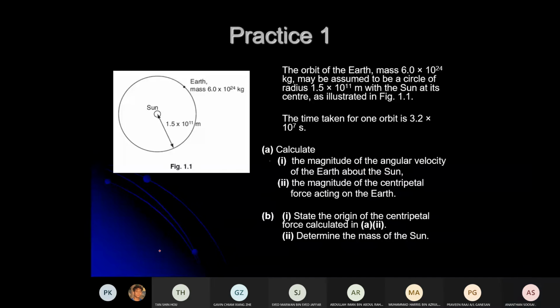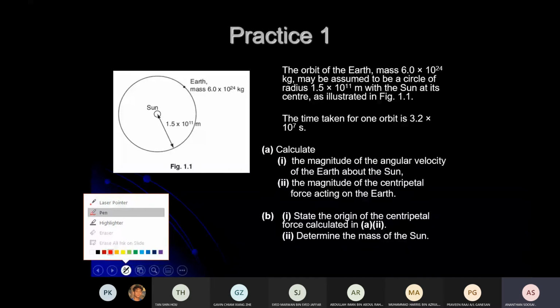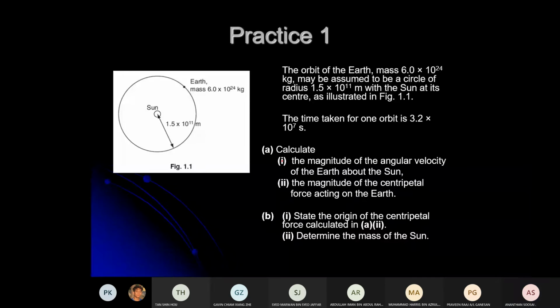Okay, A1. What formula do you use to get the answer? This is your circular motion knowledge. Anyone still remember? What is the angular velocity? Omega. How do you find omega of the Earth about the sun?